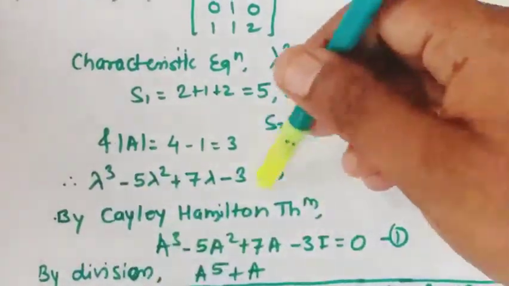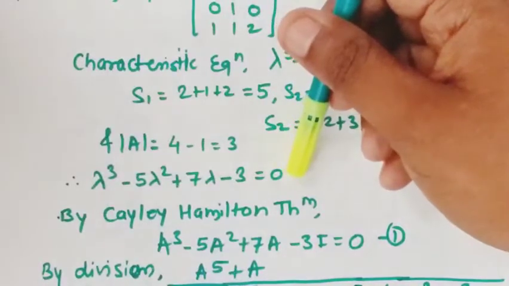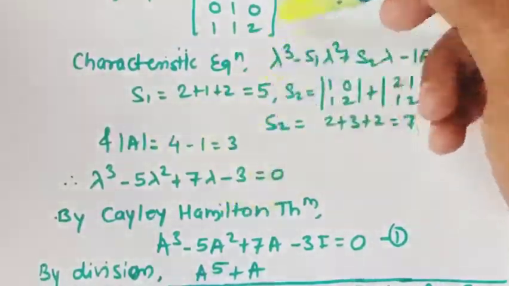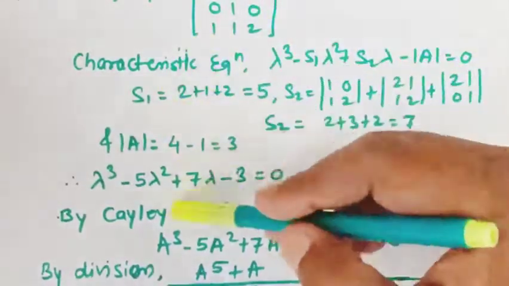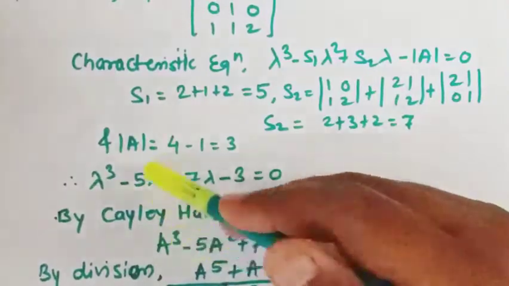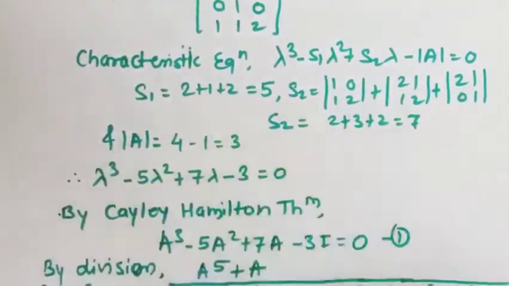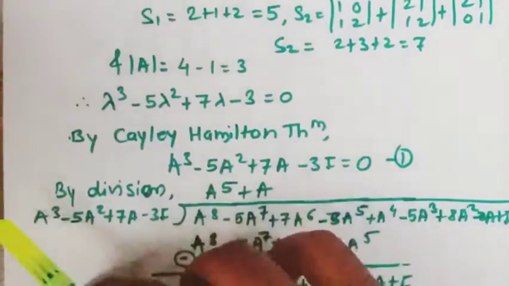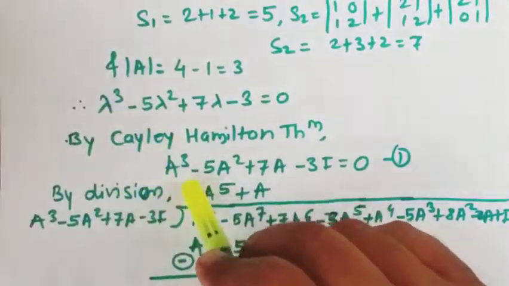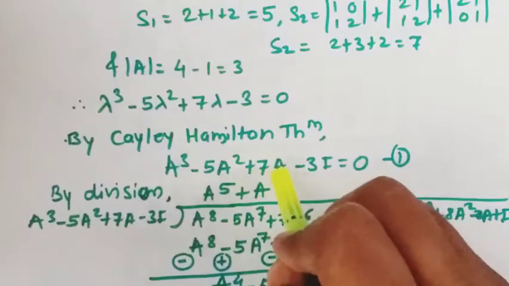Now as we have the characteristic equation, let us apply the Cayley-Hamilton theorem. By Cayley-Hamilton theorem, the given matrix A will satisfy this equation. It means when we replace lambda by capital A, we'll get LHS equal to RHS. That is the meaning of satisfaction of the equation. So if you replace lambda by A, we get the equation A cube minus 5A square plus 7 times A minus 3 times identity matrix equal to 0.